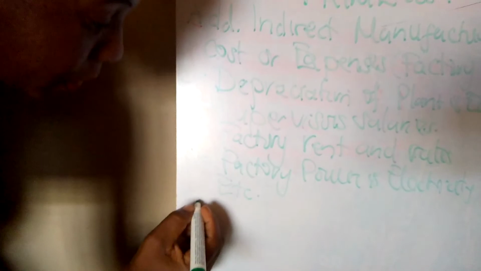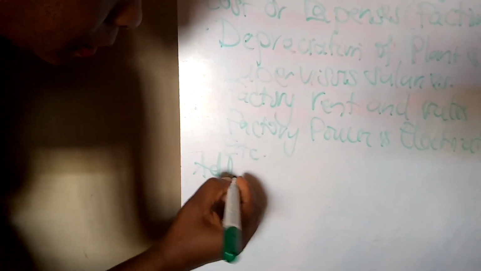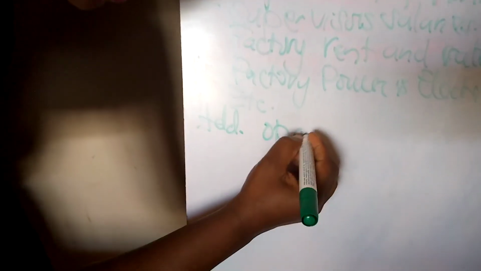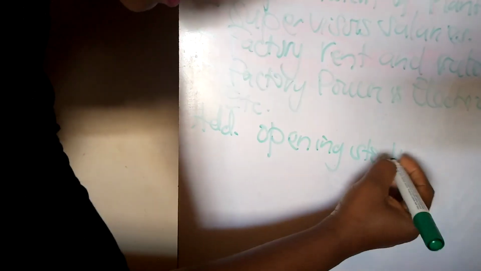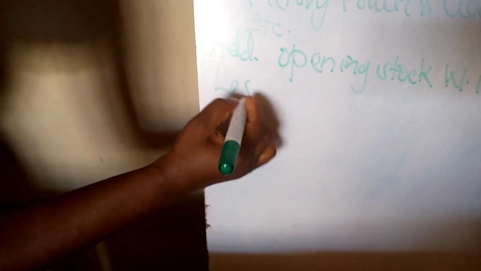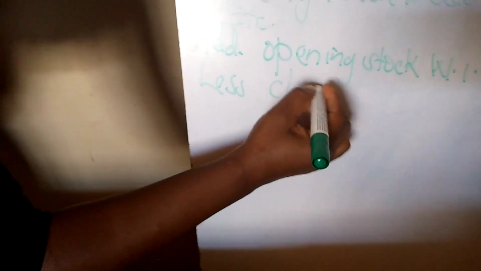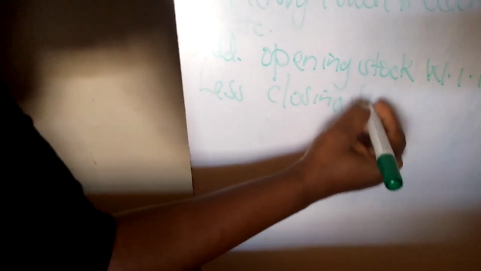So in this case, we adjust the same way you adjust for the raw materials. So we say add opening stock, work in progress, and you less closing stock, work in progress.